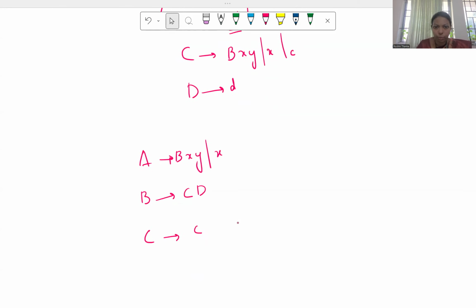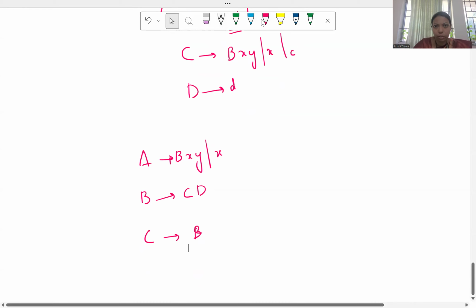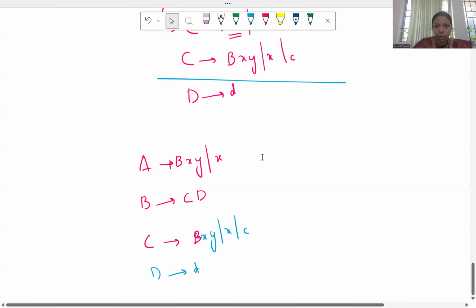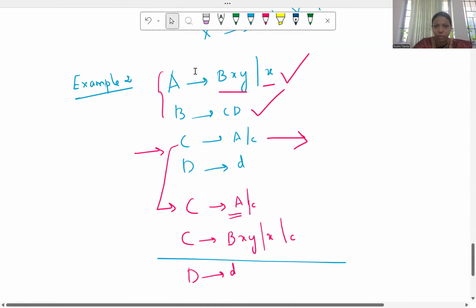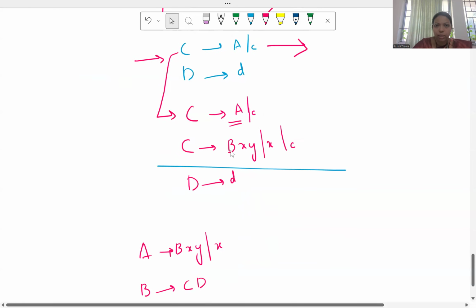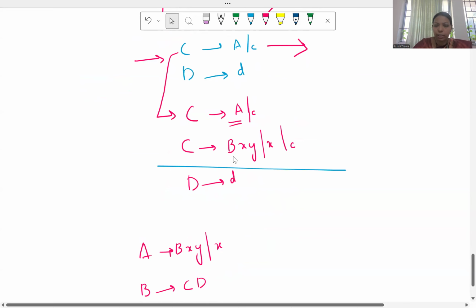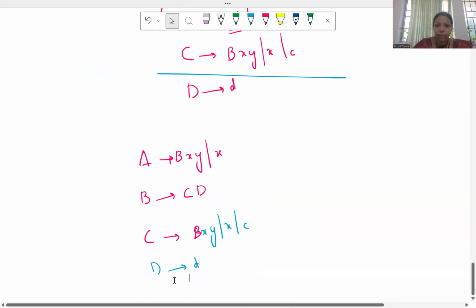C tends to B, so it is here, no? So C tends to this one we are going to write: BXYX, small c, and D tends to D. So what was there is what I have written. This is written as such, this is also written as such, and C is already converted in this way, so I have written that here.